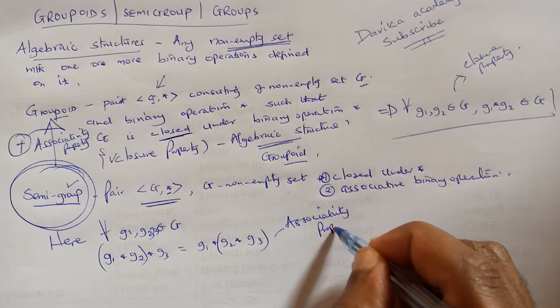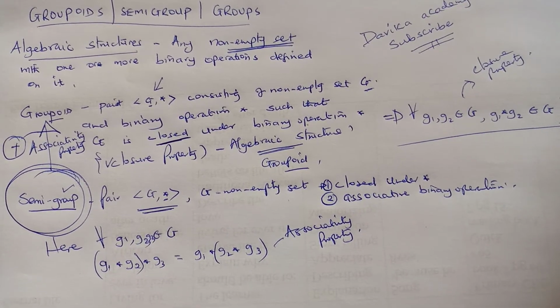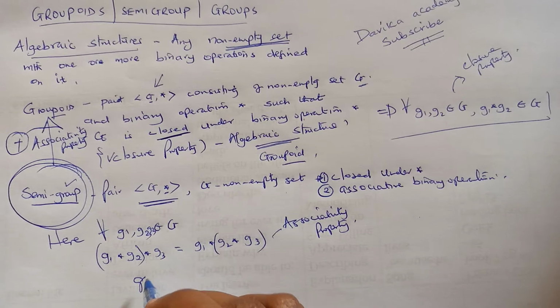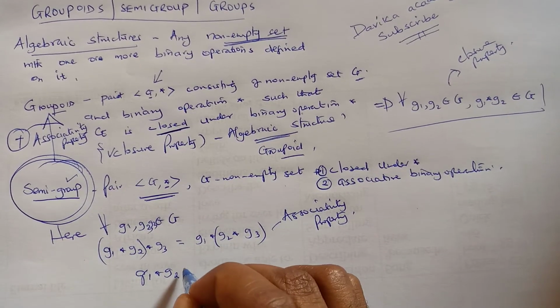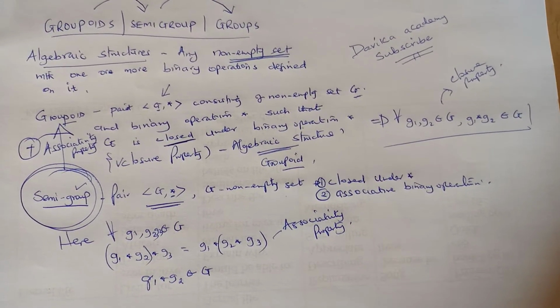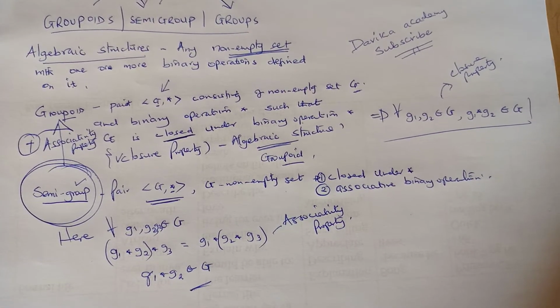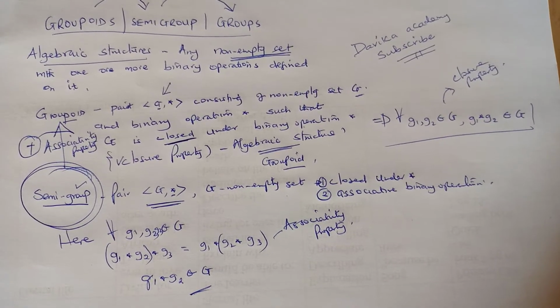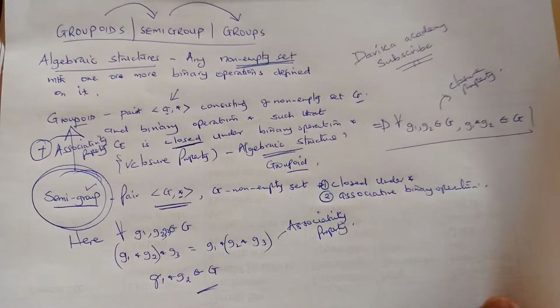And again, we know that by closure, G1 star G2 will be in G. So if closure and associativity are both satisfied, that gives you what we are calling a semigroup.